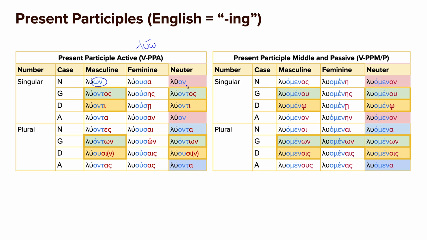All right, and then neuter is very similar to our masculine, except instead of luon, it's luon. And then luontos, same, luonti, luon. And remember, neuter nominative and accusative are the same. Luonta, which is a little bit different, but we have that alpha, which is typical of neuter plural. Luonton, same as the masculine. Luousin, and luonta. So the patterns I've put in the same colors here, and it should help a little bit.